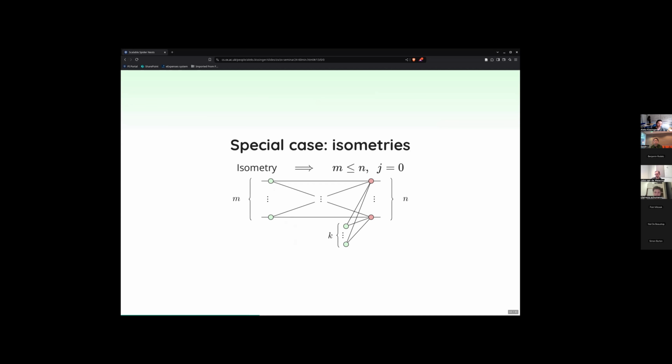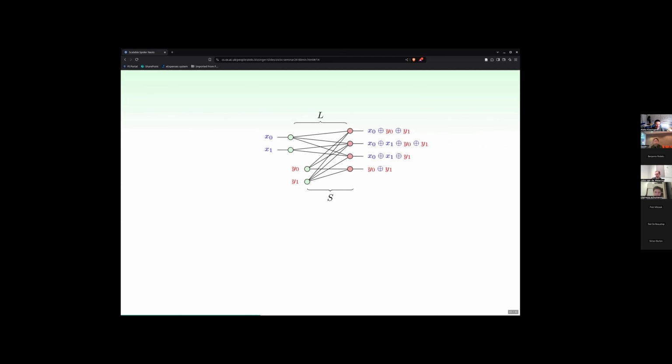Okay, but unlike in the unitary case, I am actually allowed to have some of these interior Z spiders. So K is allowed to be non-zero. What do these things correspond to? Well, again, I can look at this in terms of taking some XORs of bits.